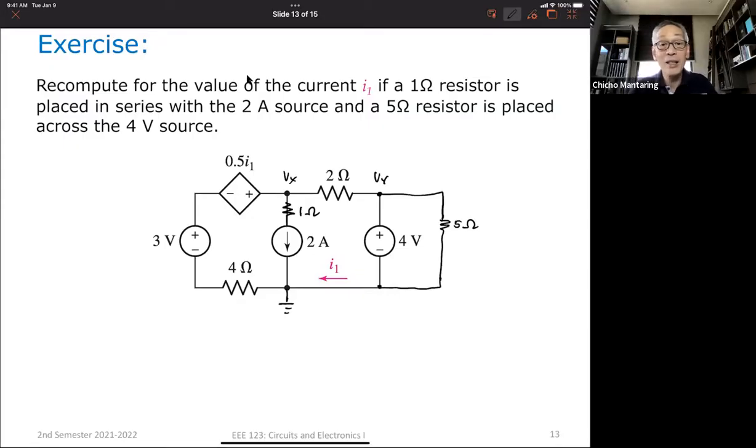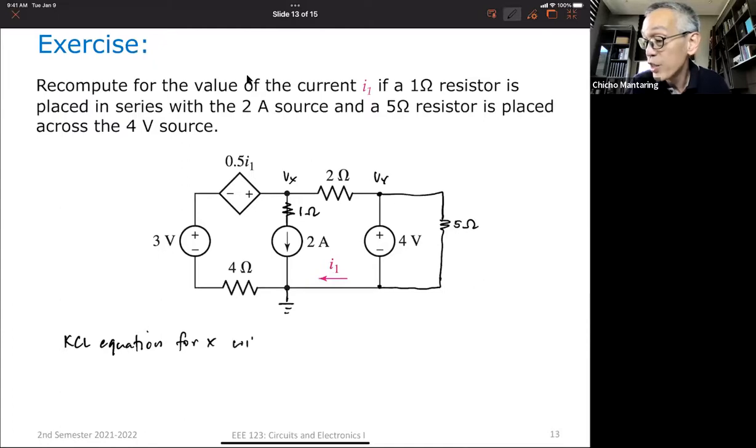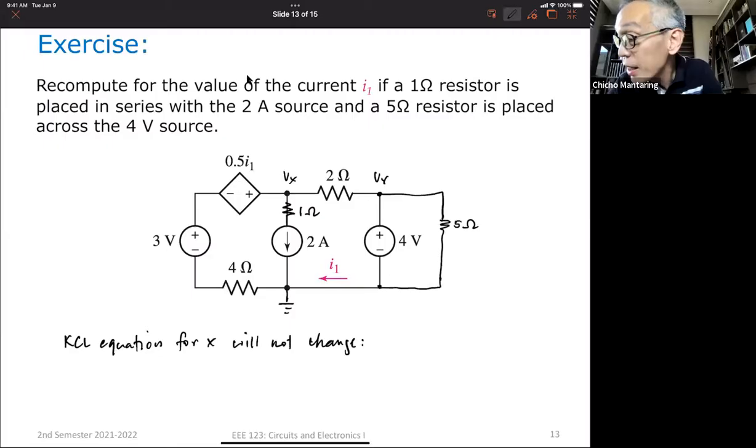My KCL equation for x will not change. Okay. In which case, the current that we solve for here, the voltage that we get here, and the current flowing here will be exactly the same for the two circuits.